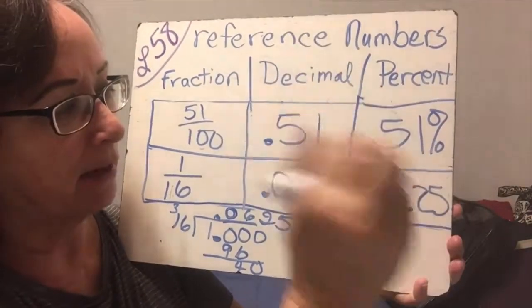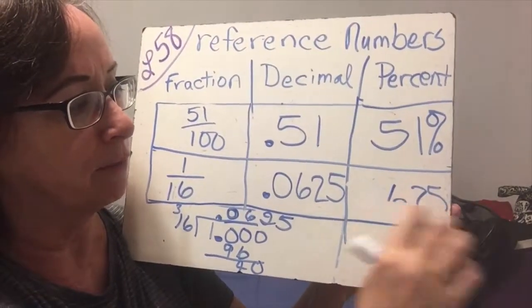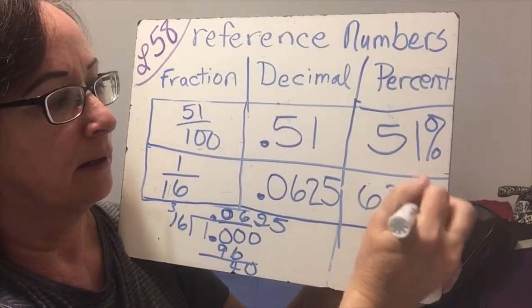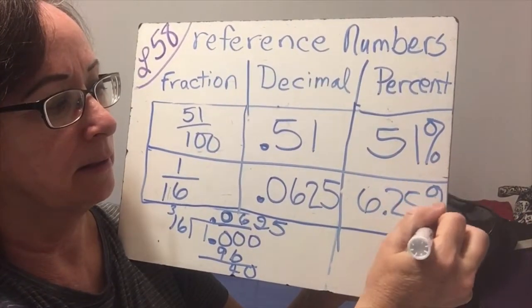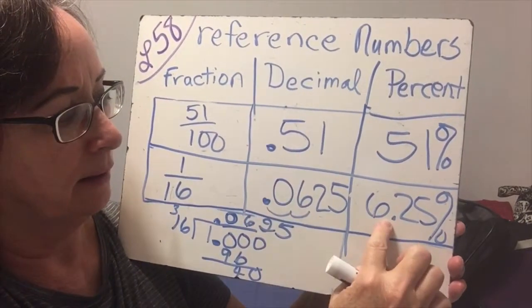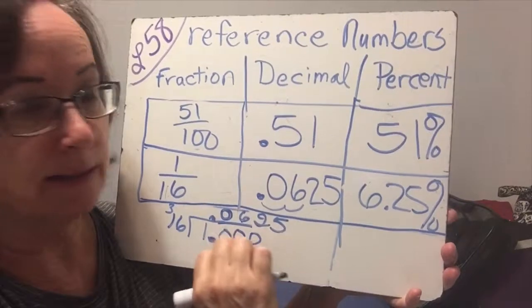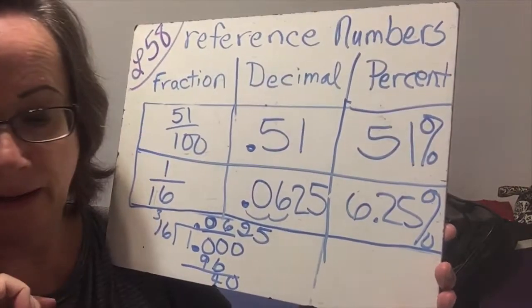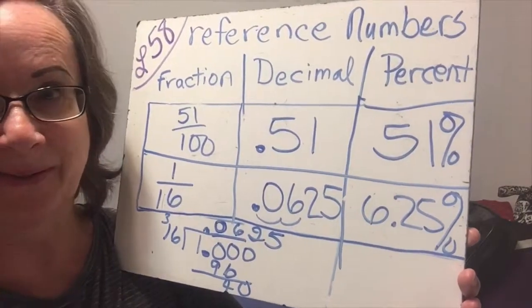And then we tack on a percent, but I didn't leave enough room. So 6.25%. So we moved the decimal 2 places to the right, and then we dropped the unnecessary 0 and threw on the percent sign, and we are done with that example.